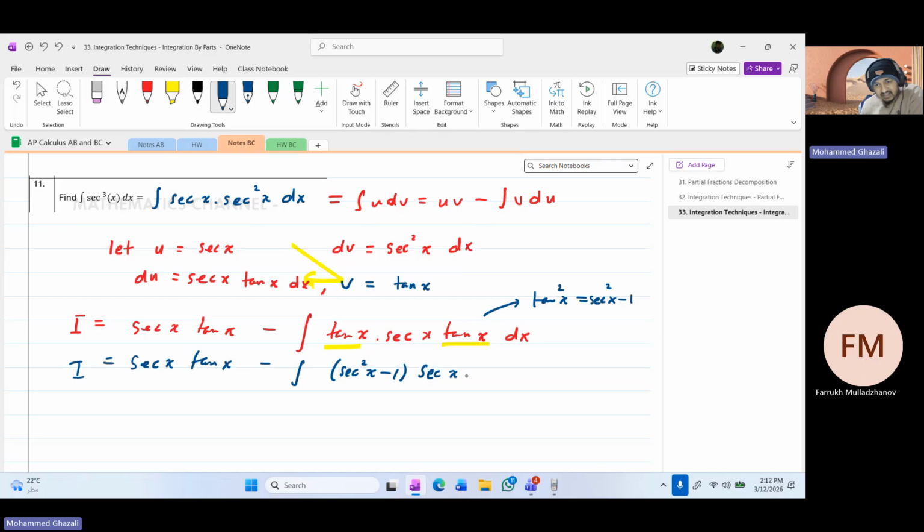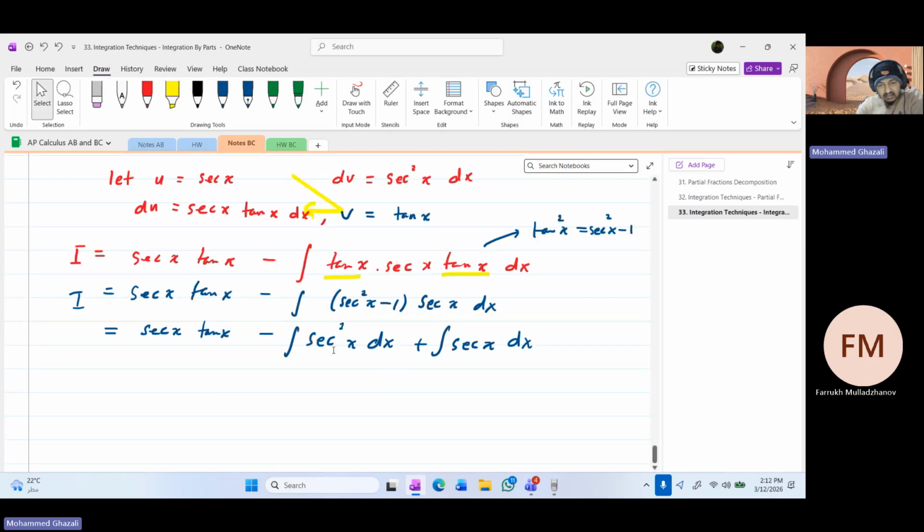Times sec x dx. Looks like this integral is also looped. If I move the integral across, you get the integral of sec cubed x dx, and minus makes a plus, the integral of sec x dx. Okay. So again, I got a looped integral here.